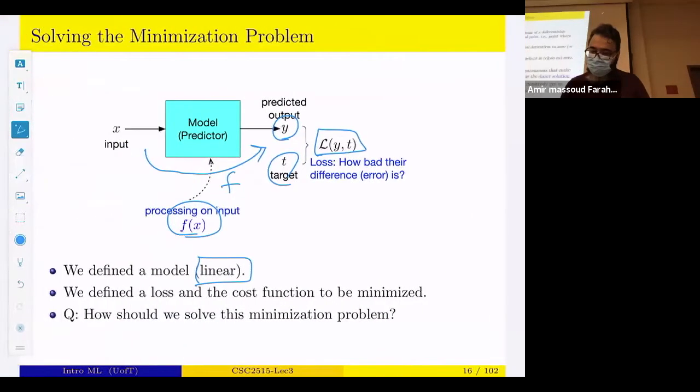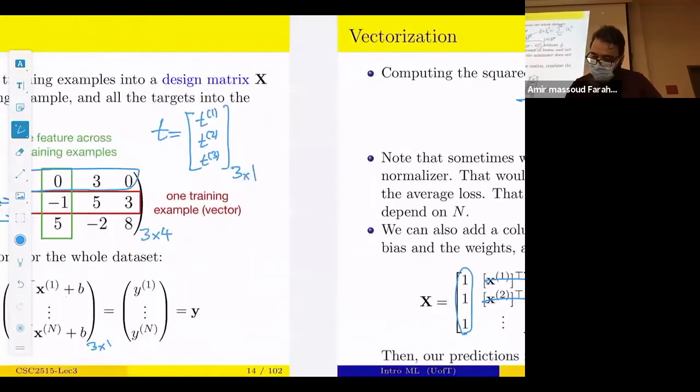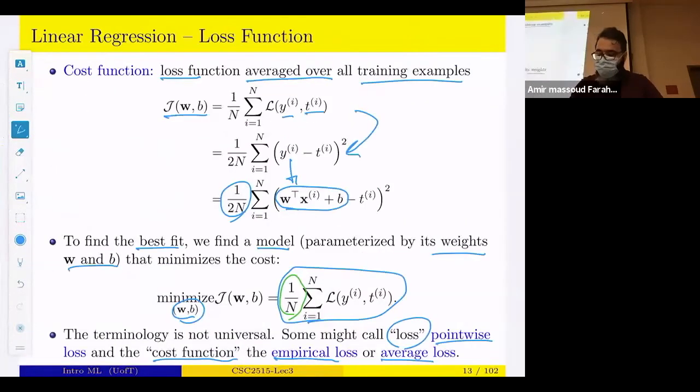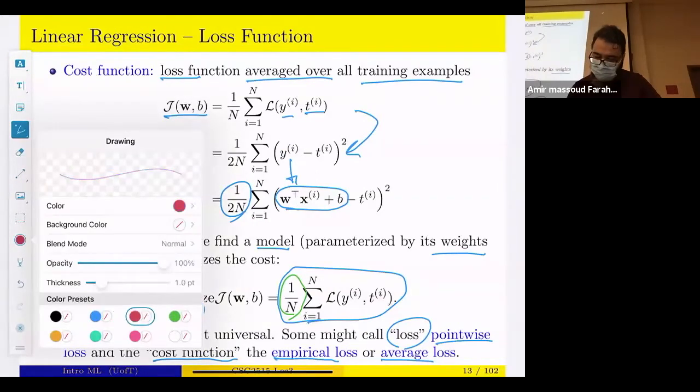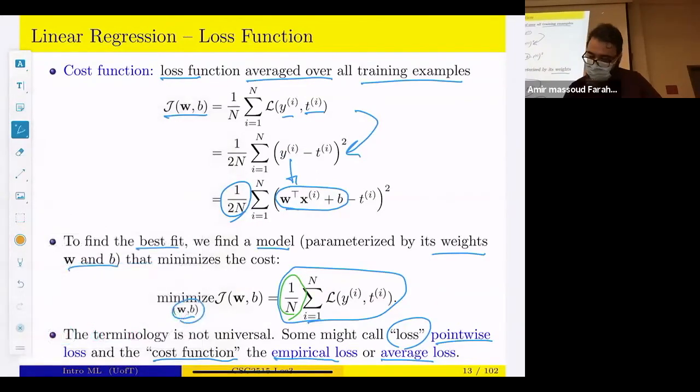So how can we do it? Let's talk about it a little bit and give some ideas. If you are given this optimization problem, and you know that the loss function has this correspondence, you want to find weights W and B, or maybe we put all of them together into one parameter W. How do we find the minimum?